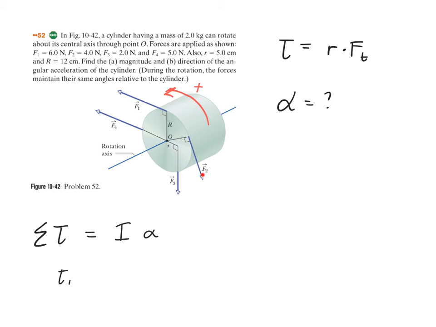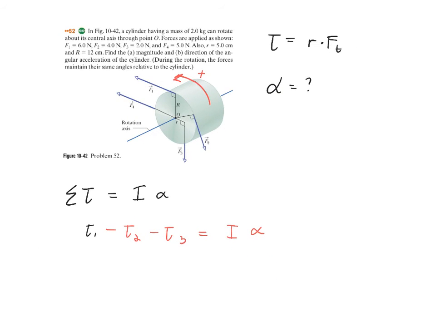Then this force is pulling this way, which will cause it to rotate like that. That's a negative torque. This one pulling down on the right side will cause it to rotate that way. That's another negative torque. So the key to this problem is really recognizing when the torques are positive and negative and which torque doesn't matter, which is the torque as a result of F4.